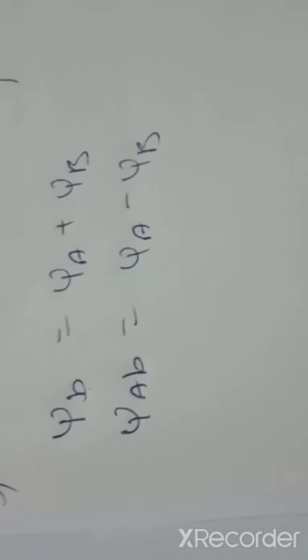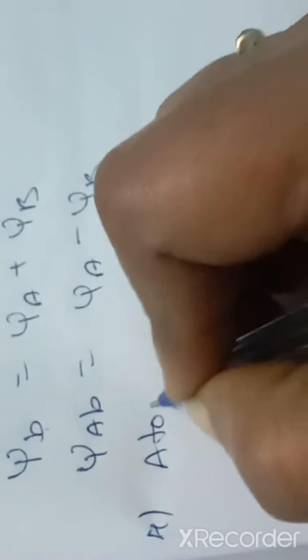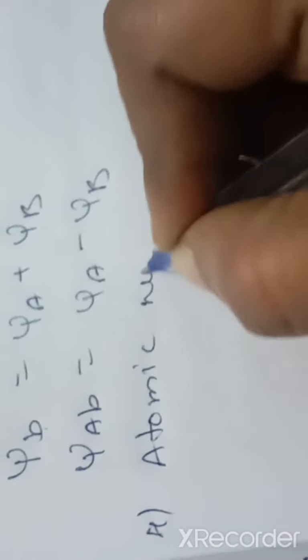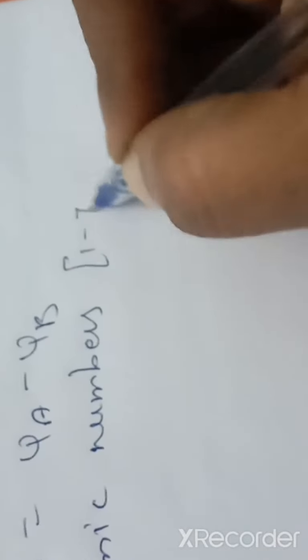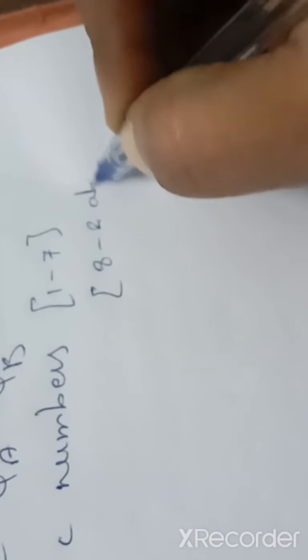And here is one small trick you have to follow. By this you can easily draw the energy diagrams for bonding and anti-bonding orbitals. For atomic numbers 1 to 7 we have to follow one rule, and from 8 and above we have to follow another rule.